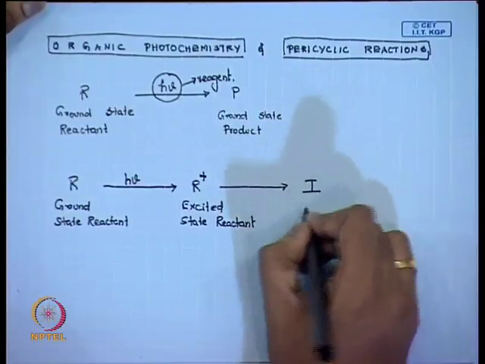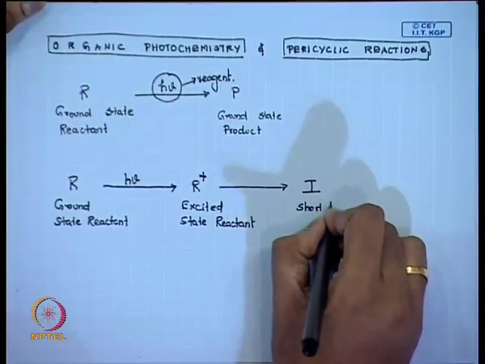The intermediate I can be a ground state species, but it is a very short lived species, so it gets transformed immediately to give you the product P. So, R star gives you a short lived intermediate.